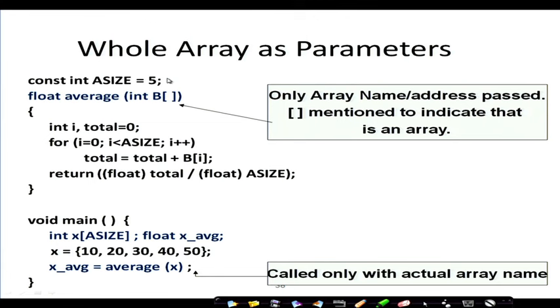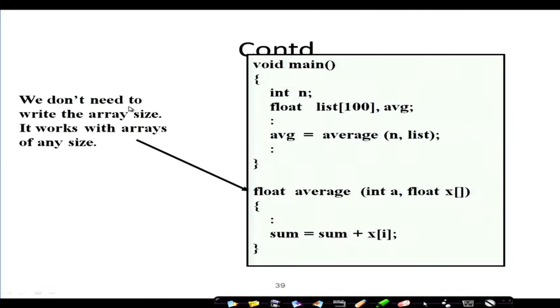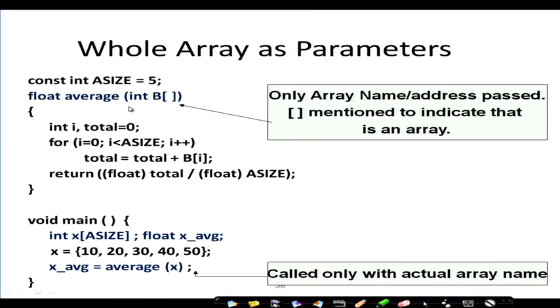Now, float average, average is a function which is taking as parameter an array B, all right, just the name of the B. Only array name or address of B is passed. Now, this symbol is mentioned to indicate that this is an array, right.